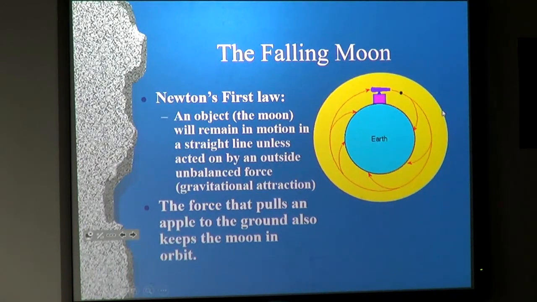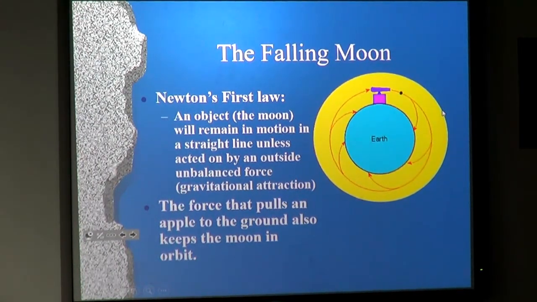So, the falling moon, Newton's first law. An object, like the moon, will remain in motion in a straight line unless acted on by an outside unbalanced force, gravity attraction. The force that pulls an apple to the ground also keeps the moon in orbit.